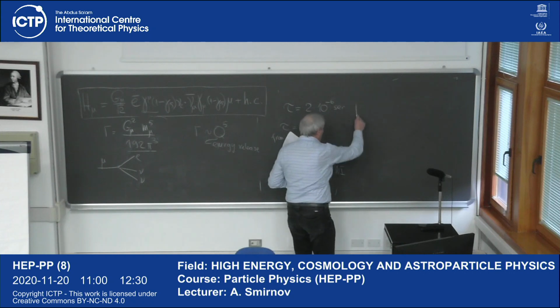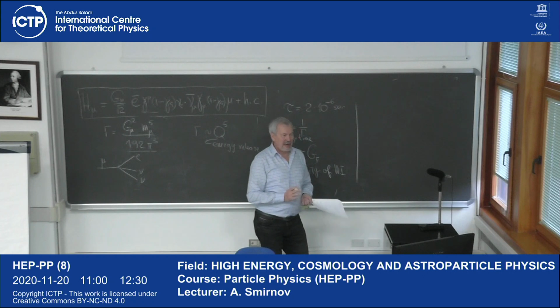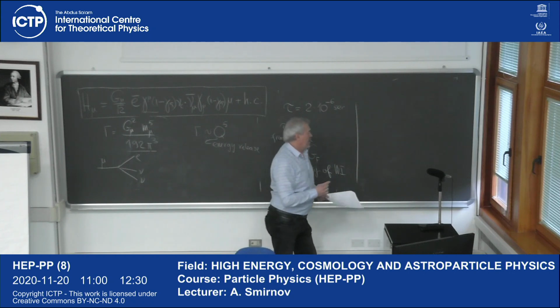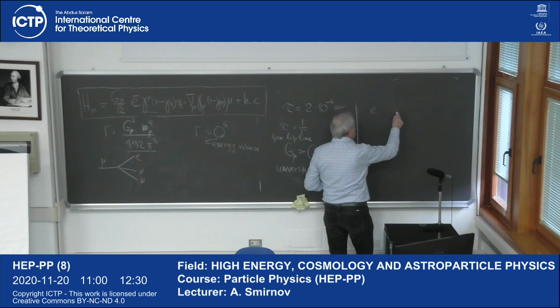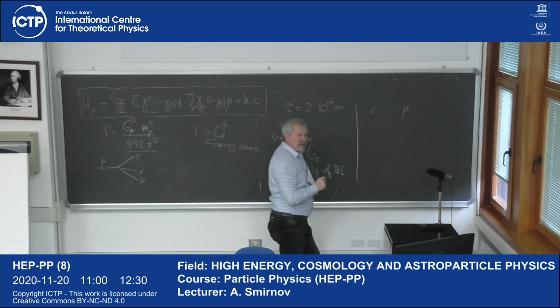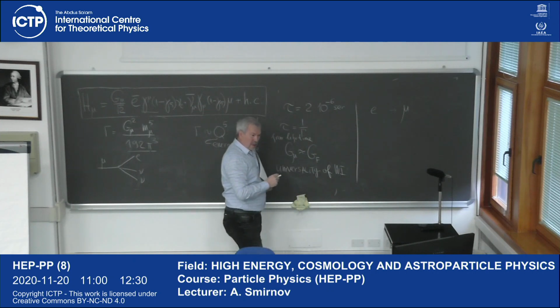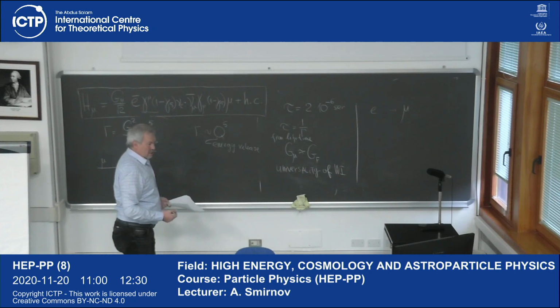Discovery of muon was the first sign of the so-called flavor problem. So now we have electron and something which is very similar, which is muon, which has practically the same properties apart from the mass. And as a consequence of mass, muon decays, in contrast to electron.